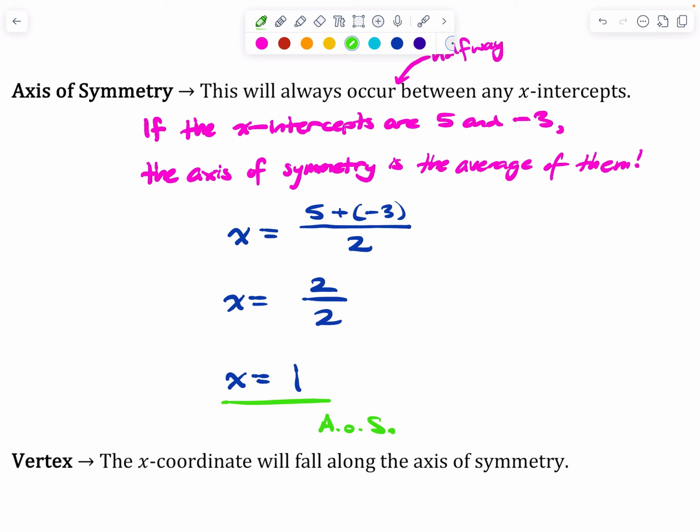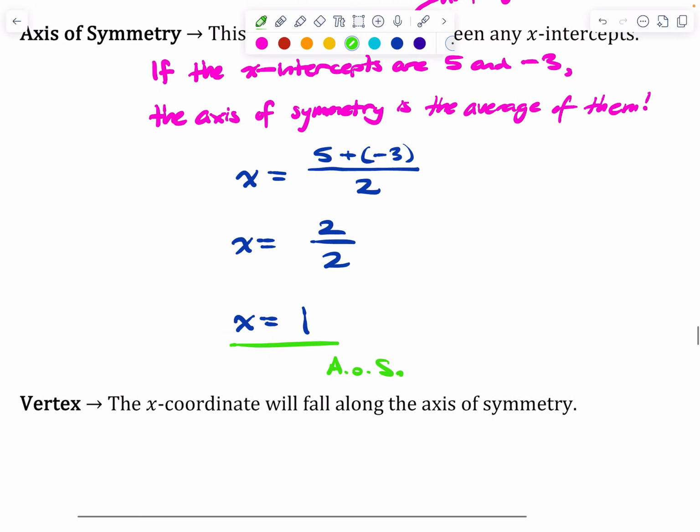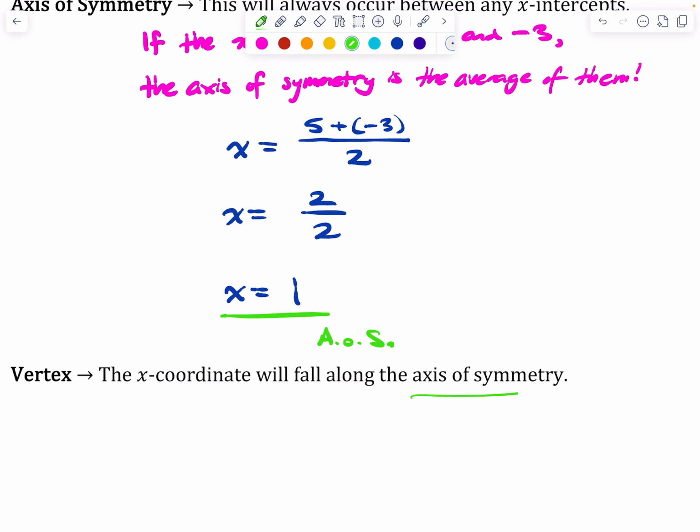The vertex is that absolute highest or absolute lowest point for a quadratic function, for the parabola. We know that the x of the vertex matches along with the axis of symmetry. So we already have the x of the vertex. It's 1. We just need to find y.